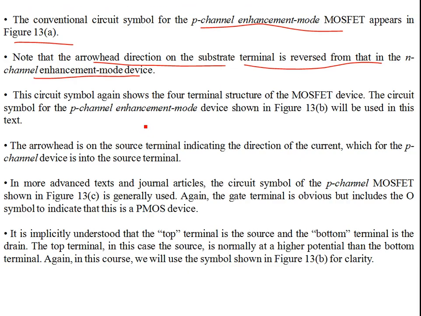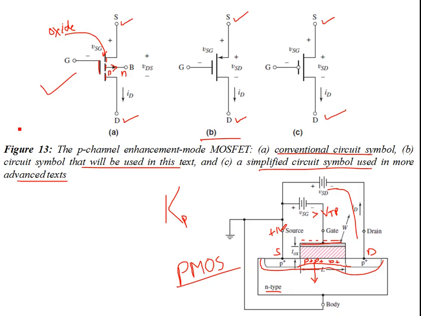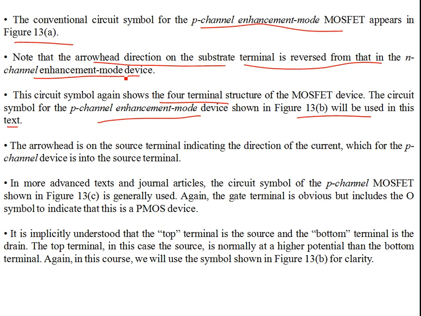The circuit symbol again shows a 4-terminal device, but the circuit symbol for the PMOS enhancement device, 13B, will be used in the text, whenever you are going to use this as a common source amplifier or in applications. We use the circuit symbol given in B, with no perforations, no dotted lines, and no substrate or bulk arrowhead showing the direction of PN polarities.